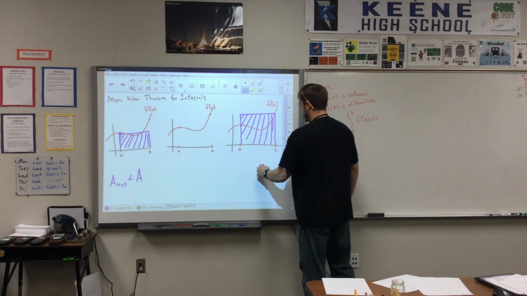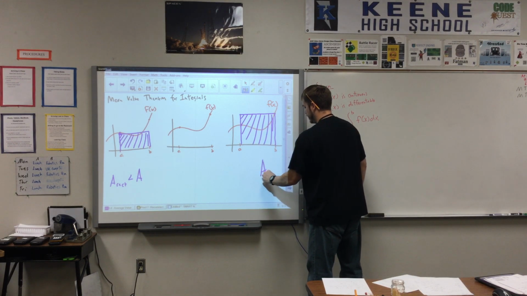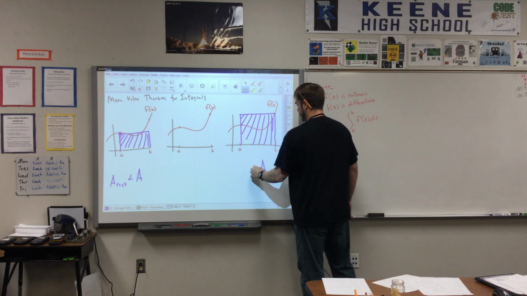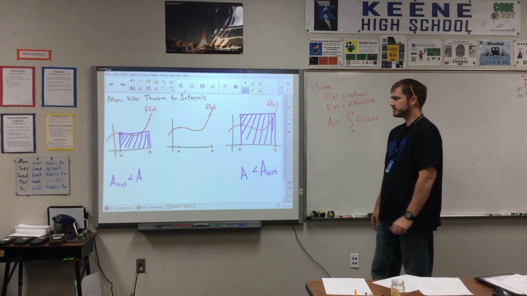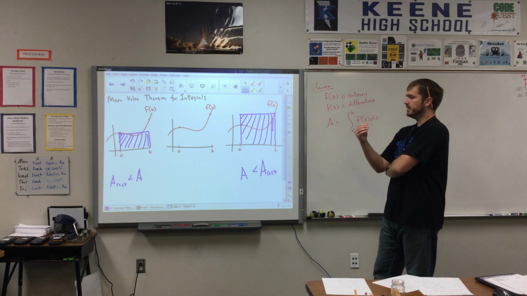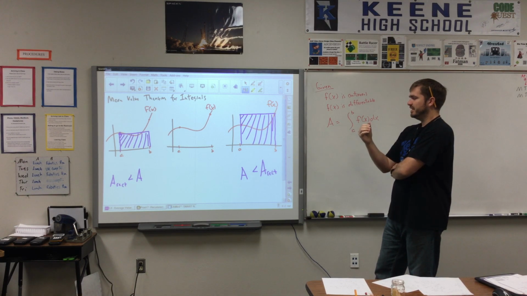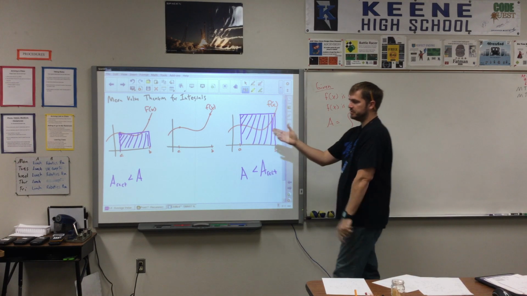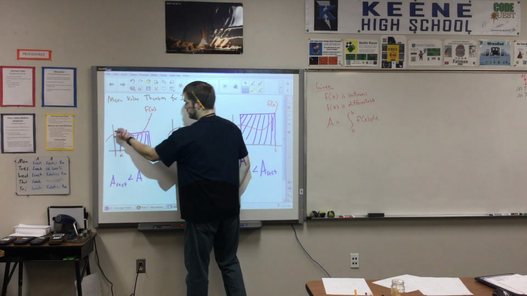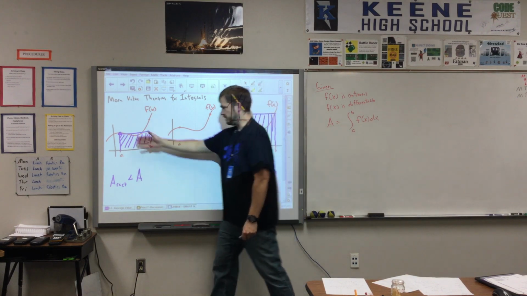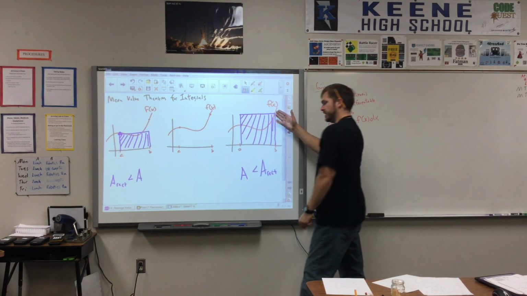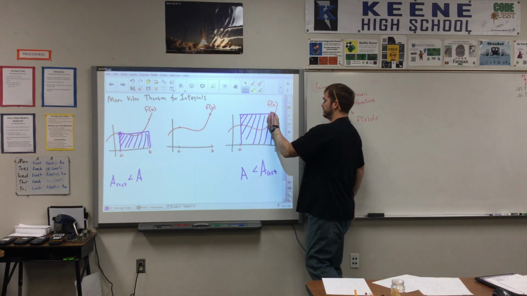So here, area of my rectangle is greater than. Now, how did I choose the height in this one over here? F of A, right? How did I choose the height over here? F of B.